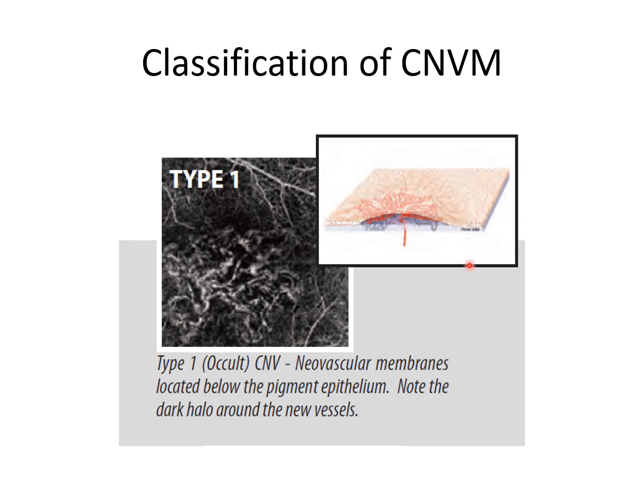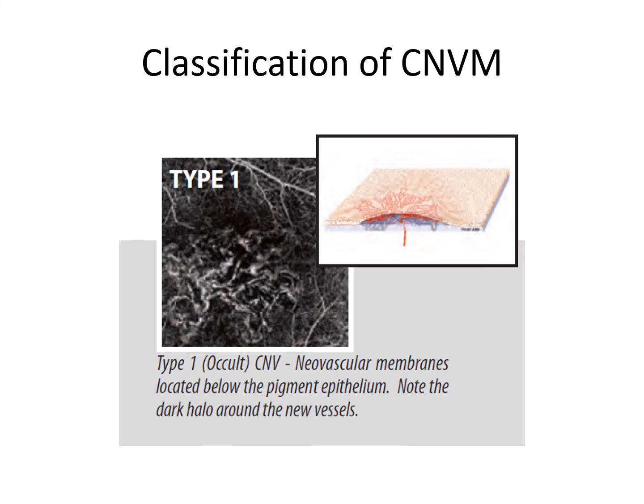And on OCT angiography we can see these membranes which are underneath the retinal pigment epithelium, and we can also appreciate the dark halo which is seen all around these neovascular membranes.